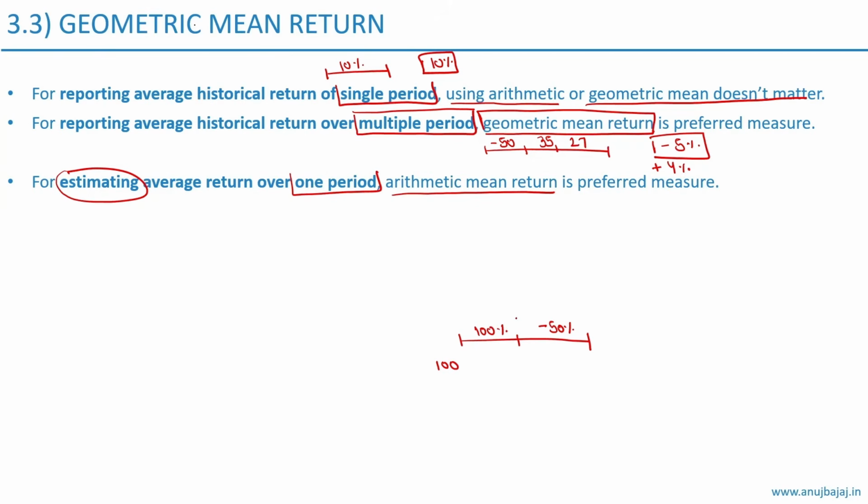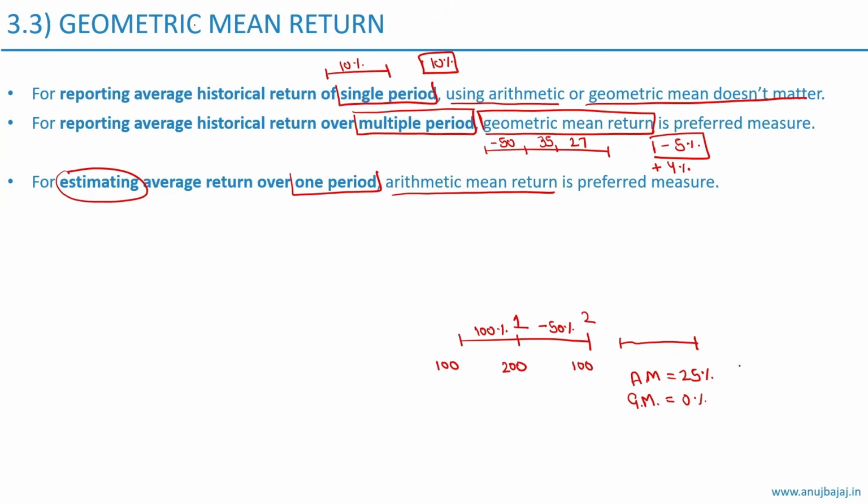Then at the end of year 1, the value will be 200, and at the end of year 2, the value will be 100. Now if you want to forecast the average return for the next 1 year, then using arithmetic mean, we will get 25% as our answer. And if we find the geometric mean, we will get the geometric mean return to be 0%.